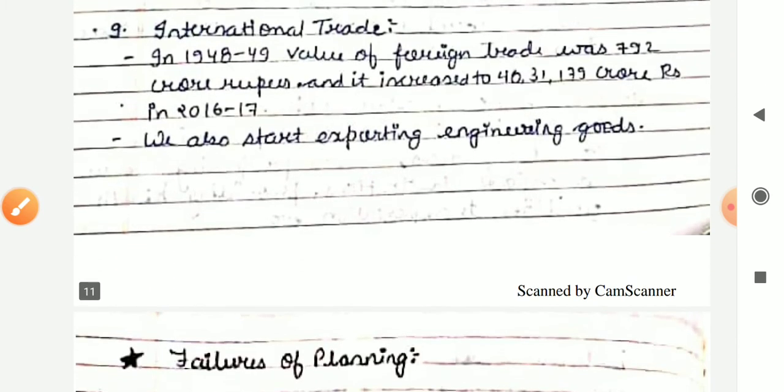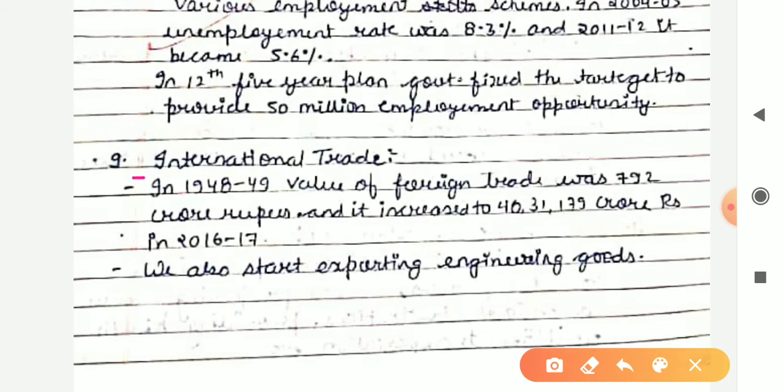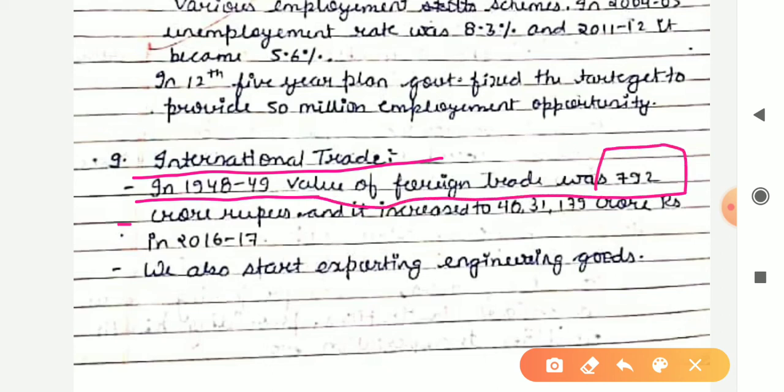Okay, the ninth achievement of 5 year plans is international trade. In 1948-49, value of foreign trade was 792 crore rupees, and it increased to 40 lakh 31,179 crore rupees in 2016-17. Means, in simple language, during the first 5 year plan the foreign trade was only 792 crore, but during the 12th 5 year plan our international trade was 40 lakh 31,179 crore rupees.